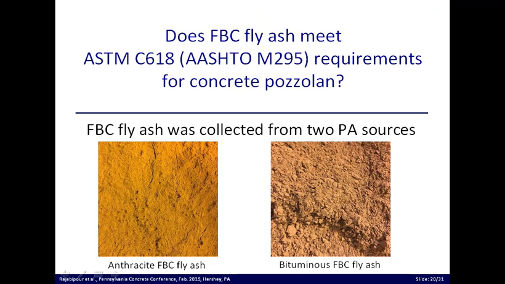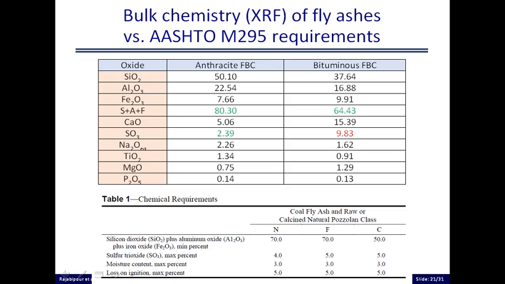So again, we acquired 2 sources of FBC fly ash, one from an anthracite region and one from a bituminous, the western Pennsylvania region, and we looked at, next slide, number 21, the chemistry of these in comparison with the AASHTO requirements. So on the top, for anthracite, you see the sum of silicon, aluminum, and iron oxide is about 80%, which is similar to traditional Class F fly ash.